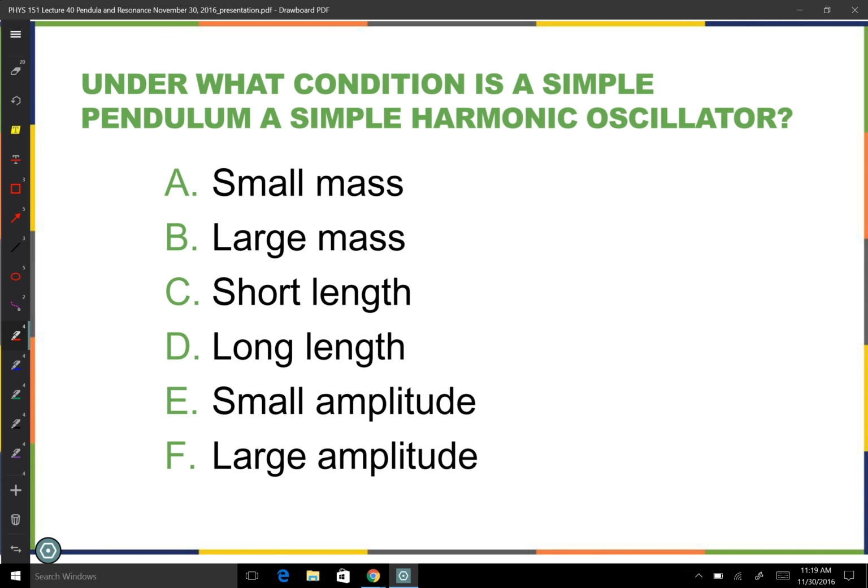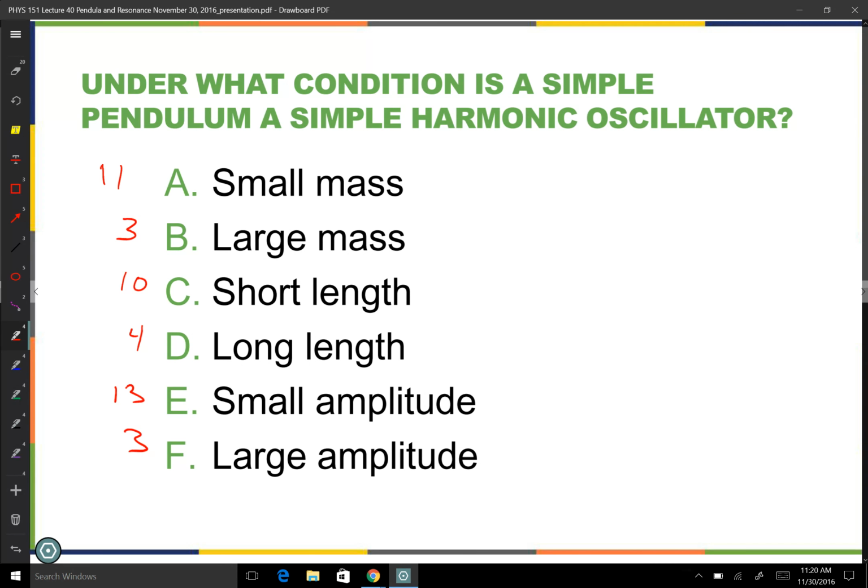Okay, stop it here. I think everyone's answered. And the answers we have are 11 said small mass, 3 said large mass, 10 said short length, 4 said long length, 13 said small amplitude, and 3 said large amplitude.